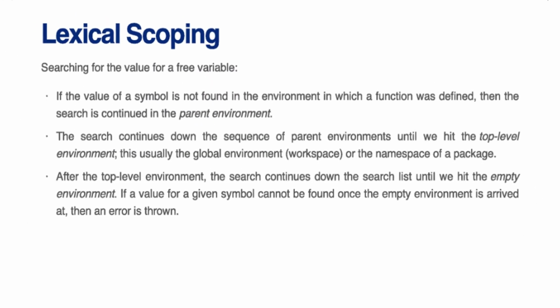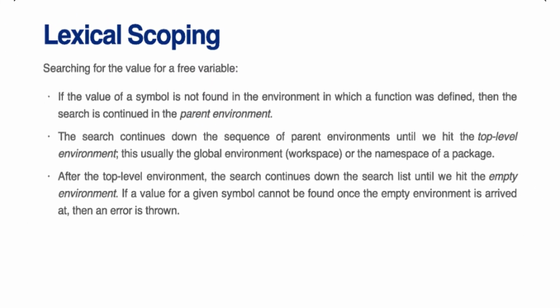So if you are in a function and you encounter a free variable in that function, what happens? So the first thing you look for is the value in the environment in which the function was defined. So for example, if I define a function in the global environment, then the global environment is the environment of the function. So if I see a free variable in this function, what's going to happen is that if I cannot figure out a value inside the function, then I'm going to look in the global environment because that's where the function was defined.